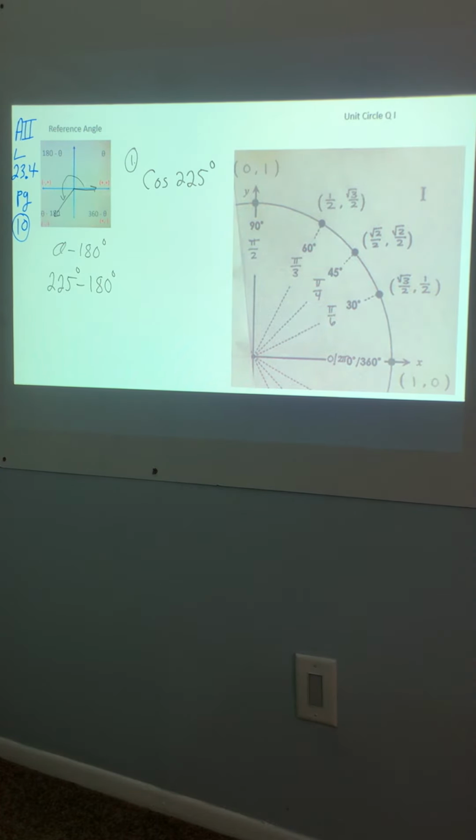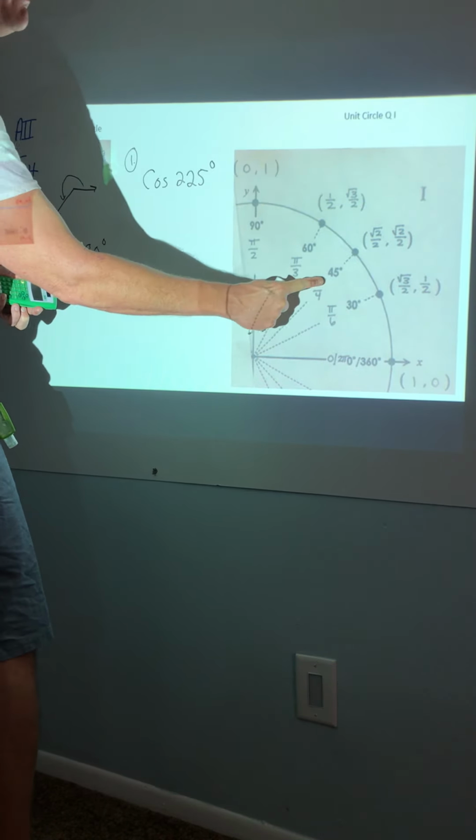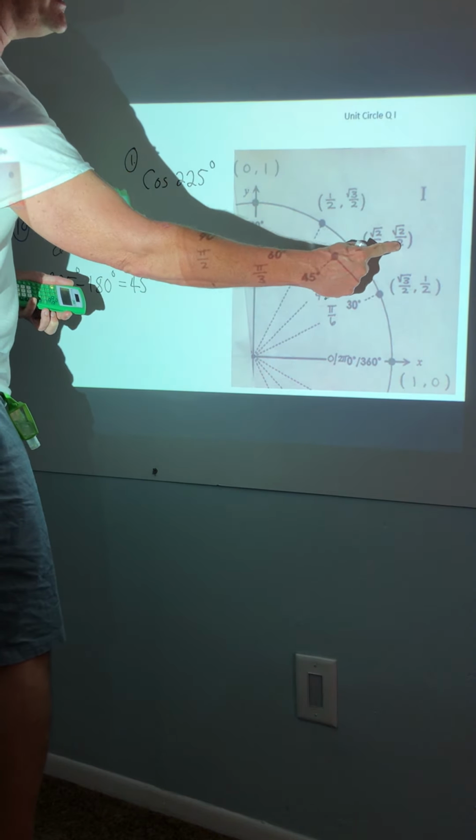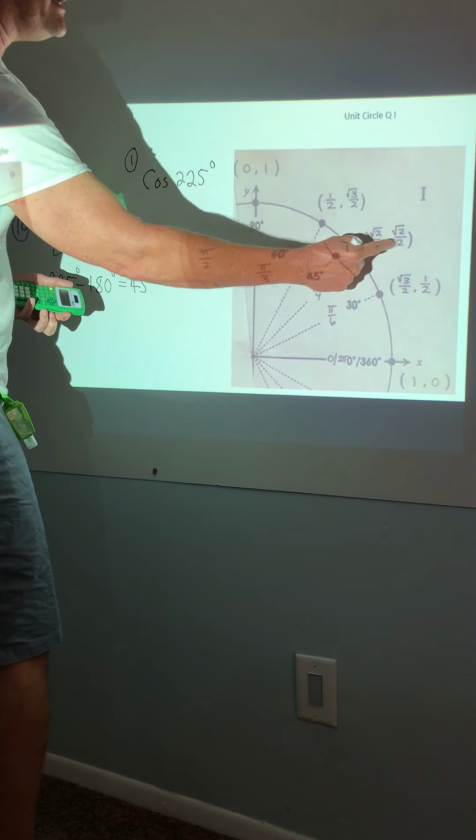225 minus 180, I already heard someone say it. Someone said 45 degrees, beautiful. Then you go over to your quadrant 1 unit circle to 45 degrees. The first number is cosine, the second number is sine, but they're the same.